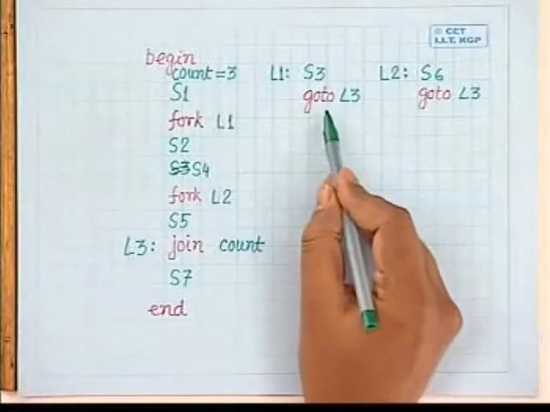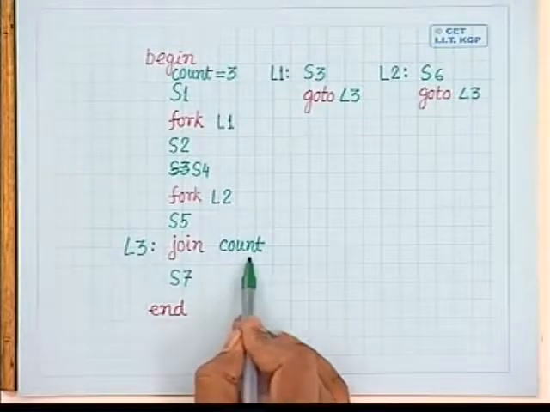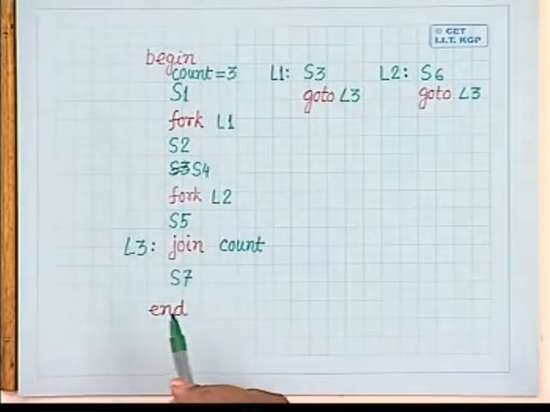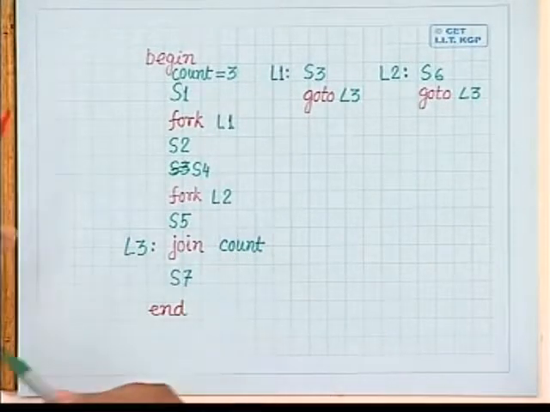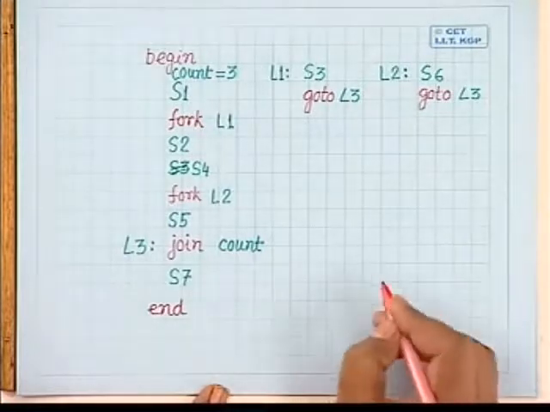So any statement after completion of its task executes the join statement with argument count. Now, what is the purpose of this join statement? If we expand this join statement, it performs this task.